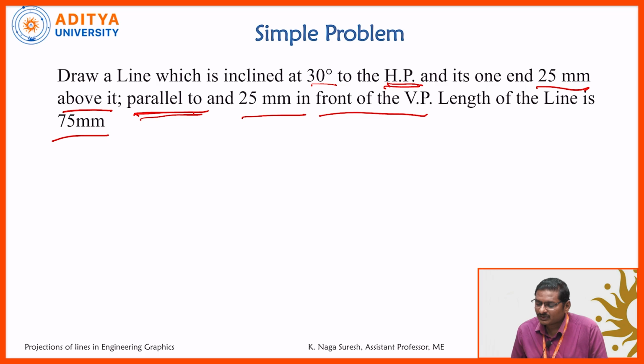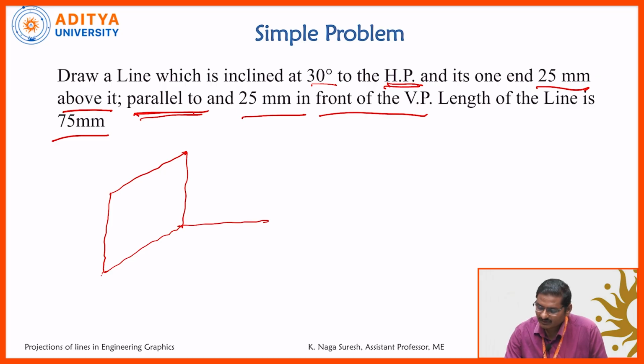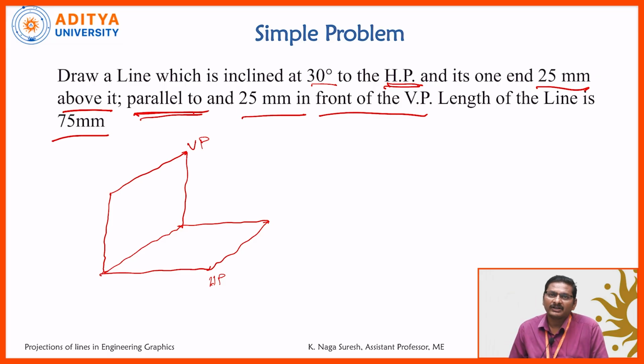So how will it be drawn? How does this position come about? This problem belongs to the first quadrant, that means the first angle projection method. First I represent the 3D planes here: this is the horizontal plane and this is the vertical plane.